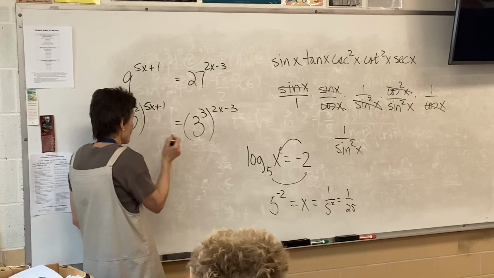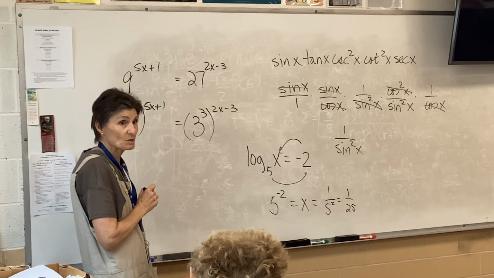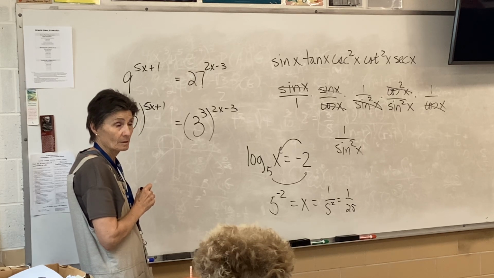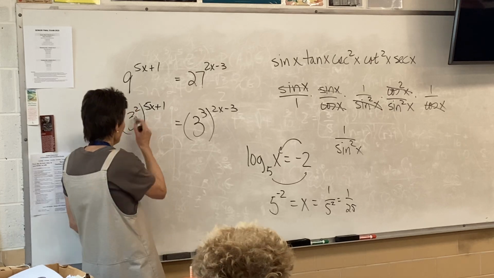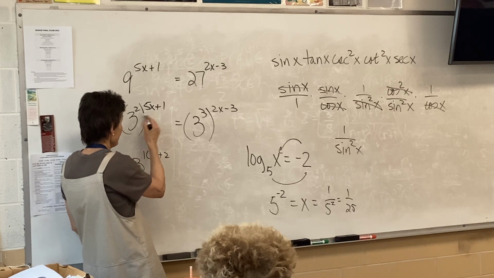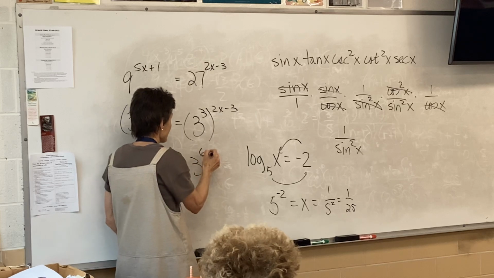So this is 3 squared, this is 3 cubed. Now, anybody remember what happens once you do that? Well, this says 3 to the 10x plus 2, this is a multiply, distributive, equals 3 to the 6x minus 9.